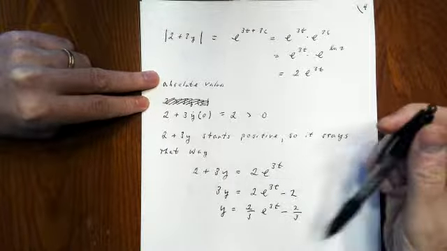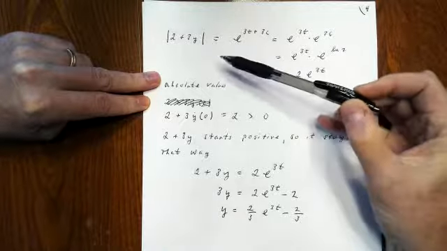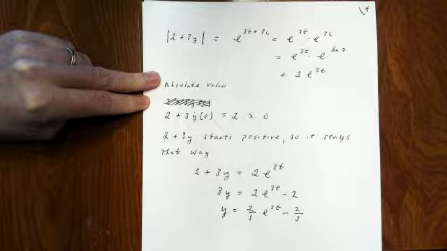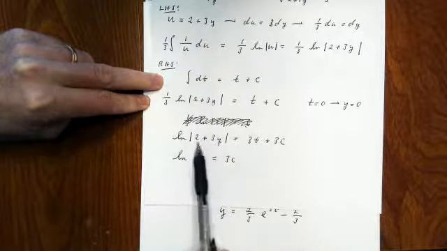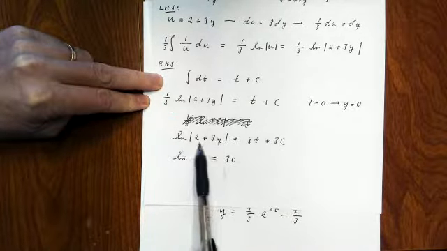So here's what we have. We have that the absolute value of 2 plus 3y equals e to the 3t plus 3c. I simply took this statement right here and I used properties of the exponentials and I converted this to exponential form.